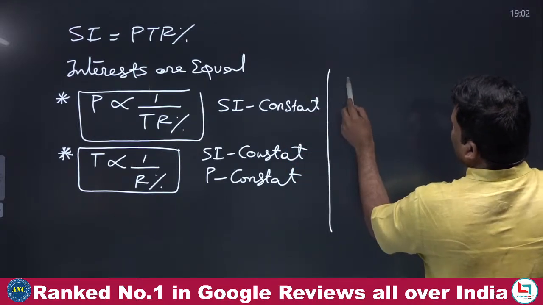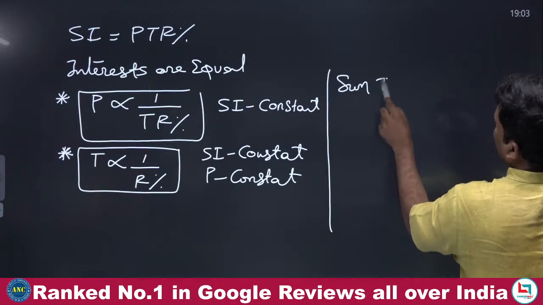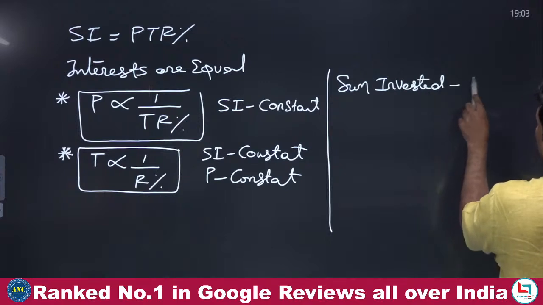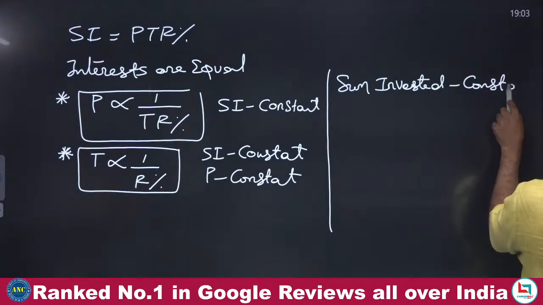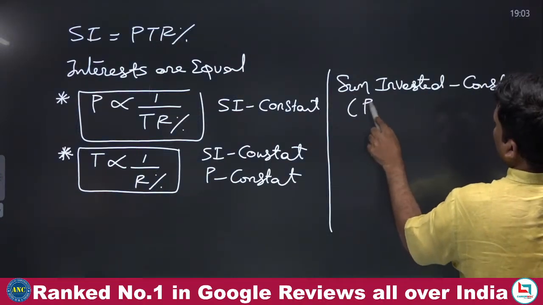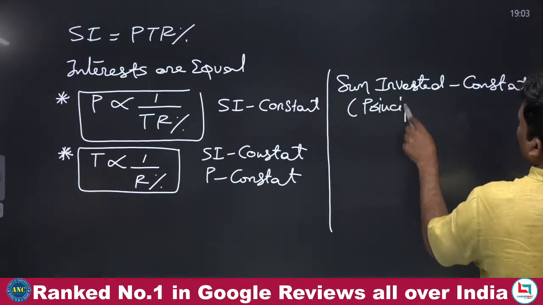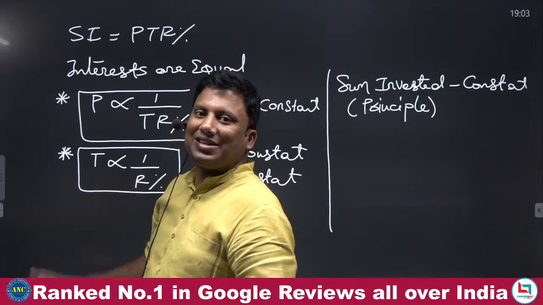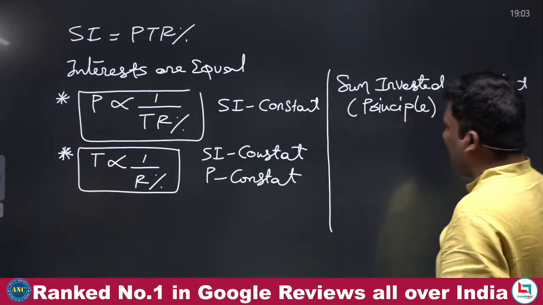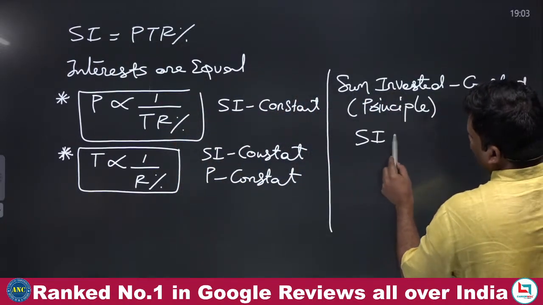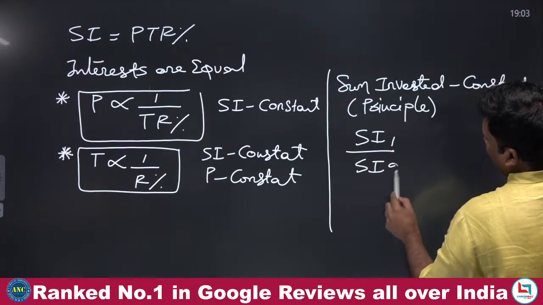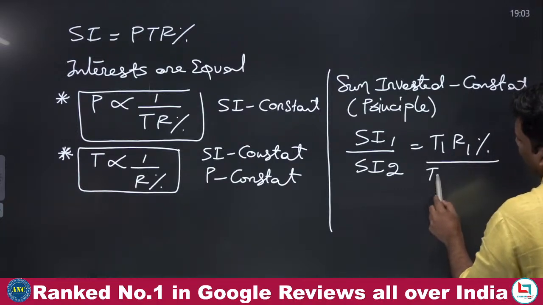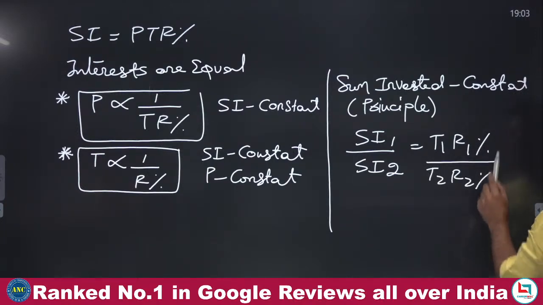Next one, if the sum invested is constant, that means if the principal is constant, P is constant here. SI is equivalent to TR percentage. That means SI1 by SI2 is equivalent to T1 R1 percentage divided by T2 R2 percentage.